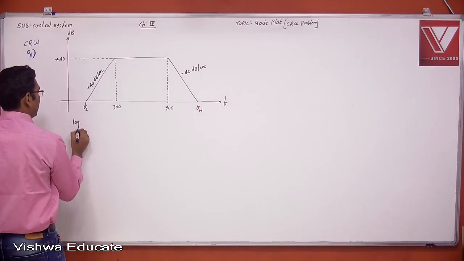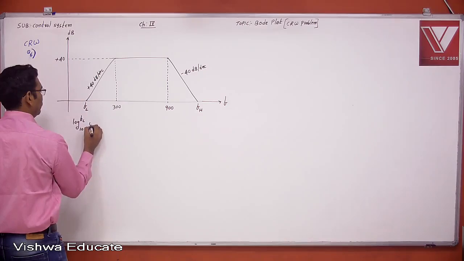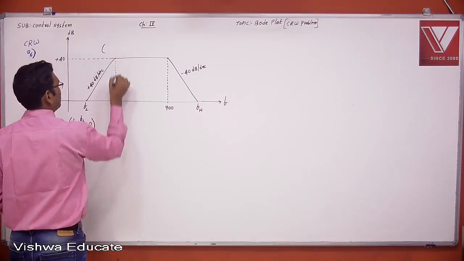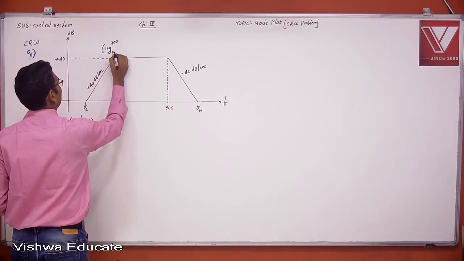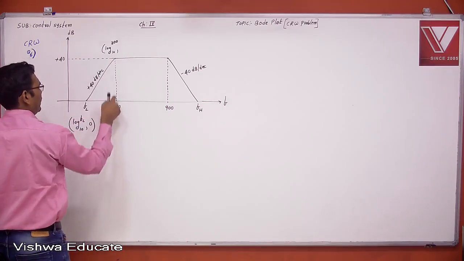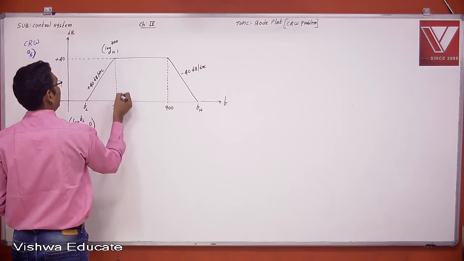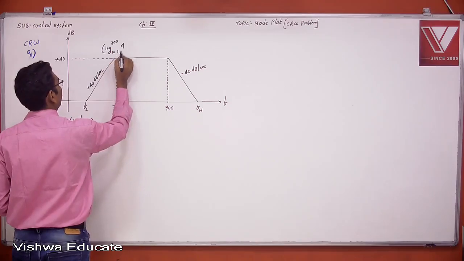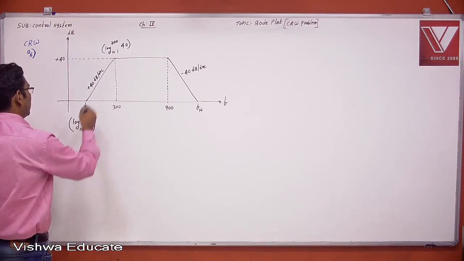This point is X log FL comma 0. Next, this one, X is log 300 comma Y is 40, and the slope is given.